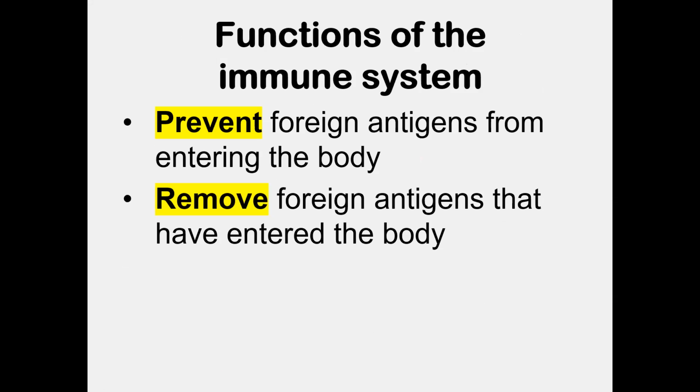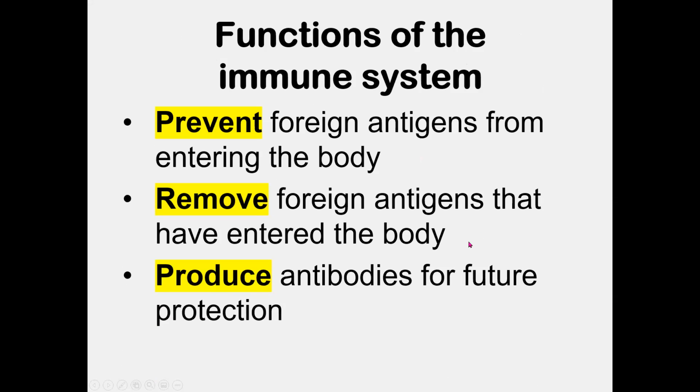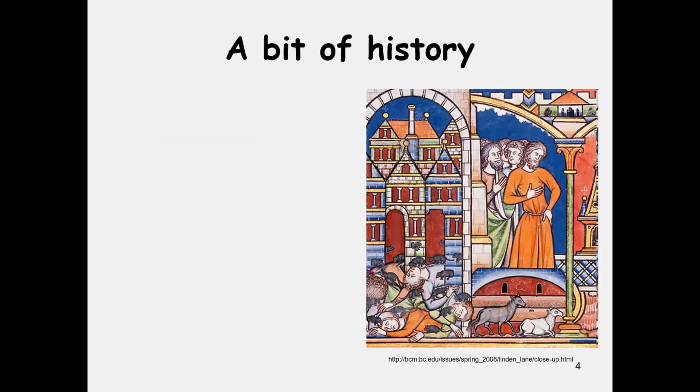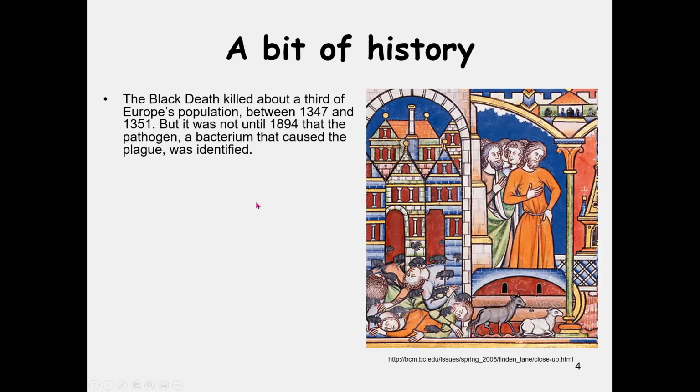And once they're in the body, we have to try and remove them. And we also have to make chemicals, if you like, antibodies, for future protection against these antigens which have just hit us. So it's important to have a bit of a historical perspective to this.